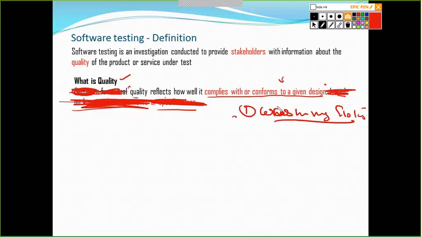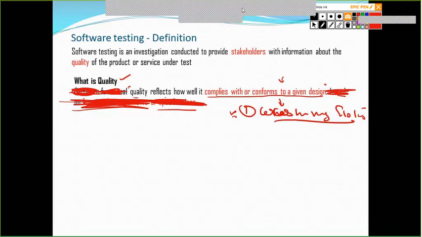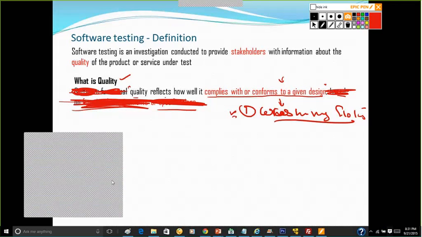I'm only worried whether, if I want to perform this activity, it will be performed in my given washing machine. That's all. I'm not going to worry what Rajesh will do if he buys the product. Never think about the customer when you are testing.